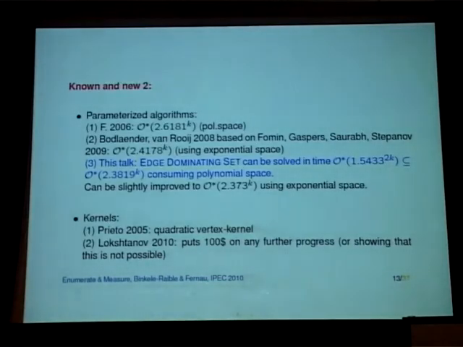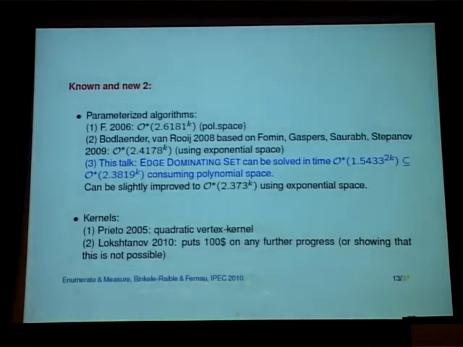What's known about this? Well, the IPEC history sort of started in '06, where I had a 2.6 something to the k algorithm using polynomial space. Then Binkele-Raible and Fernau had a technical report where they basically used a result of Fomin, Gaspers, Saurabh, and Stepanov, which finally ends up at something like 2.4 something to the k, using exponential space.